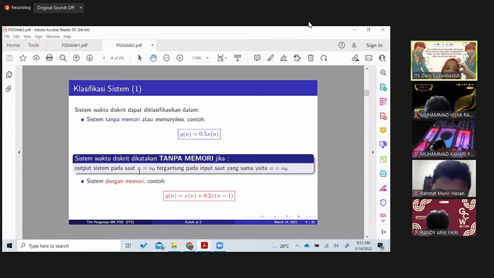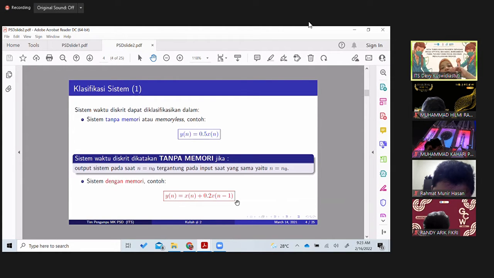So in here, on the contrary, we have a system with memory. The example is this: yn is equal to xn plus 0.2 xn minus 1. And here you can see that yn depends on the input at the current n, and depends also on the previous input xn minus 1.